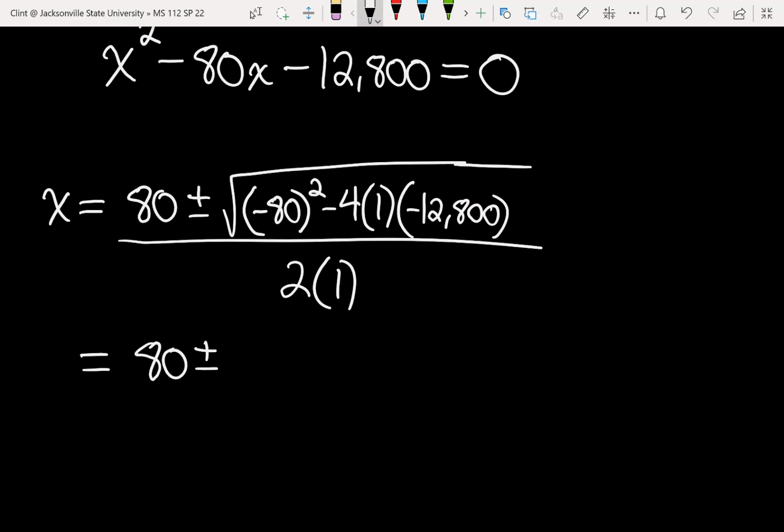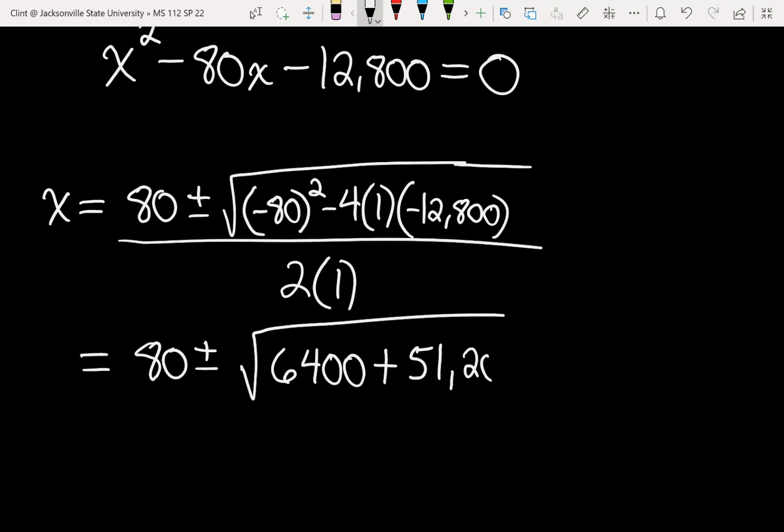Alright, so let's see where that gets us. 80 squared, 6,400. And it's going to be plus, because we've got two minus signs, 4 times 12,800 is 51,200, and I'm really hoping this comes out to a perfect square.